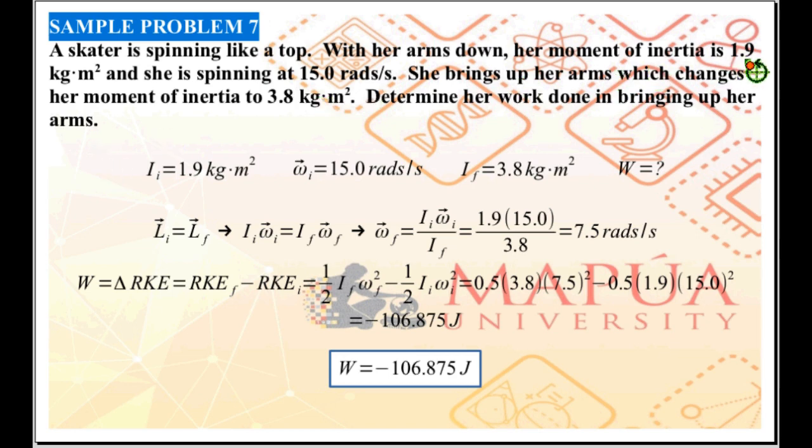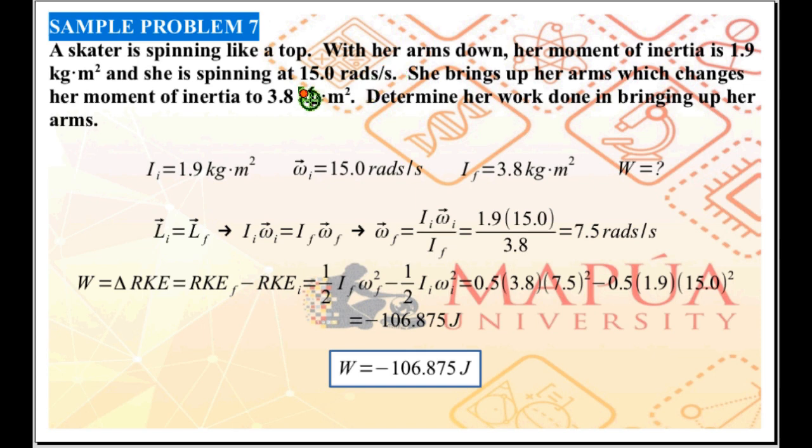Initial case, moment of inertia is 1.9 kilogram meter squared. So I initial is equal to 1.9 kilogram meter squared. And her initial speed is 15 radians per second. The problem does not specify a direction for the motion, so we can assume it to be either positive or negative.